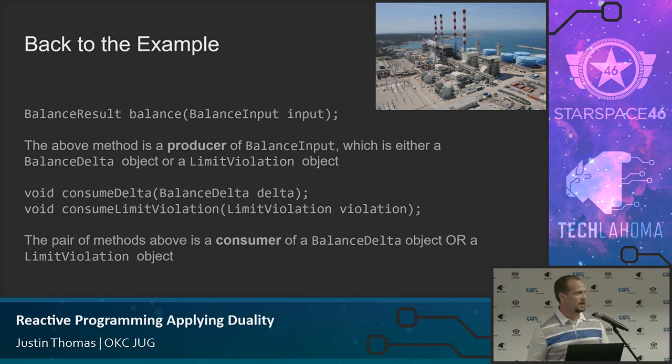Or I could say, I need to move them, but I'm going to violate some limit: this line can't take this much generation, or this generator can't move up or down that much. So I actually have some sort of attempted balance result, but with some violation of some limits. It's a different kind of result.